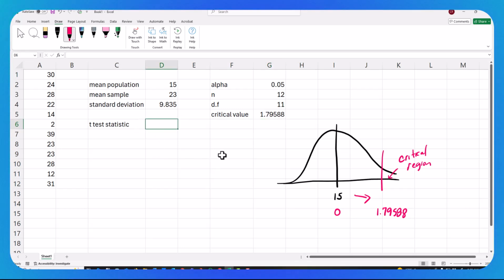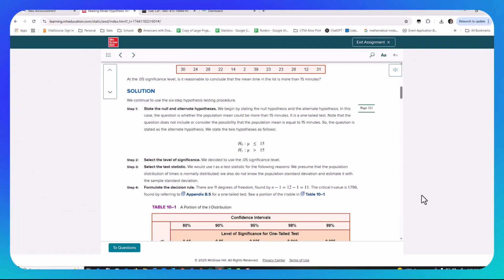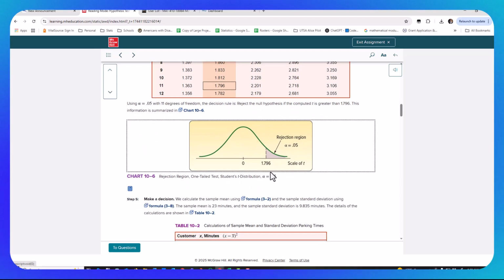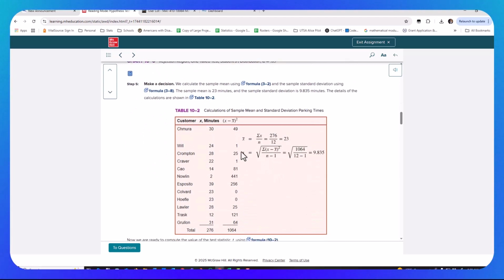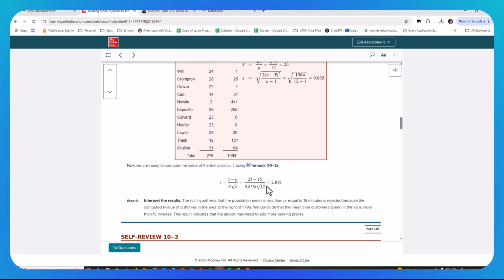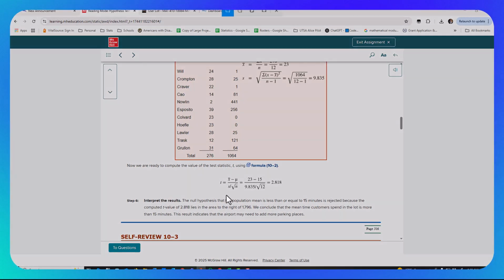And to find the test statistic, it might be good to actually see if they showed that here. Yeah, right here. So they're showing everything that I needed for my setup, and here's how it shows how to find the test statistic. Let's go ahead and grab that so you can see the formula.